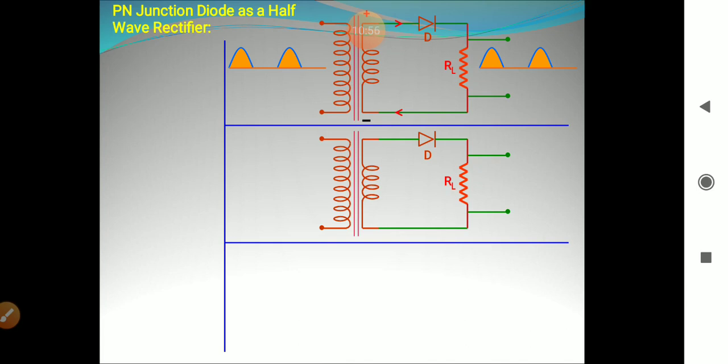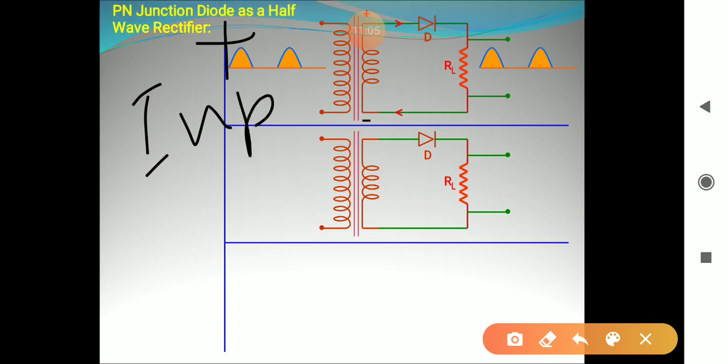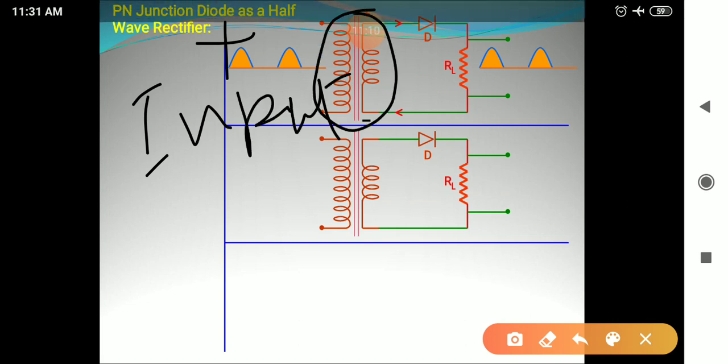So when the positive half is given as input, you can see, and this is the transformer. Due to mutual induction, the signals are given to the diode.